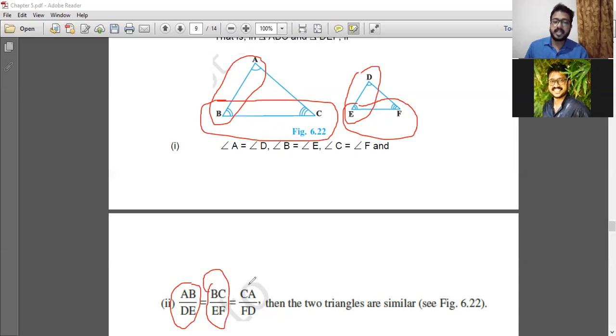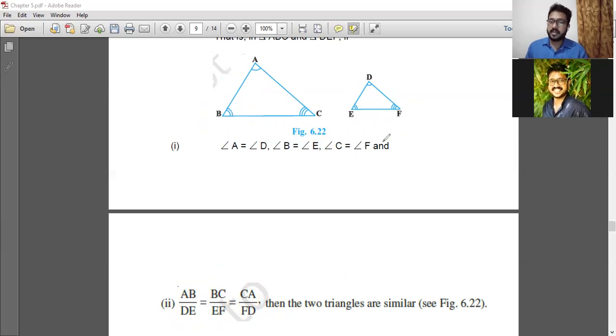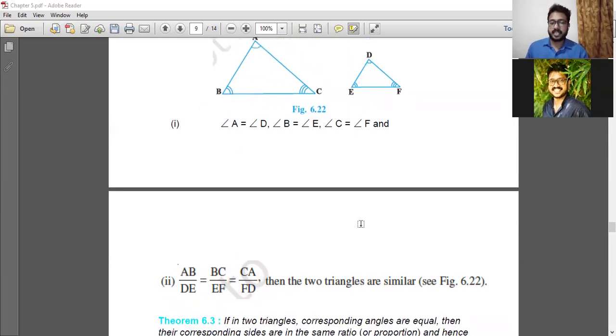And similarly, the next side, CA by FD. If these two conditions exist simultaneously, then we can say that these two triangles are similar. This was our earlier condition. Clear?